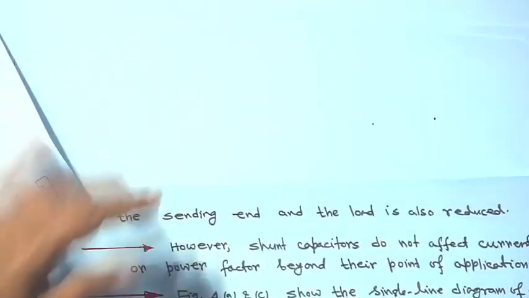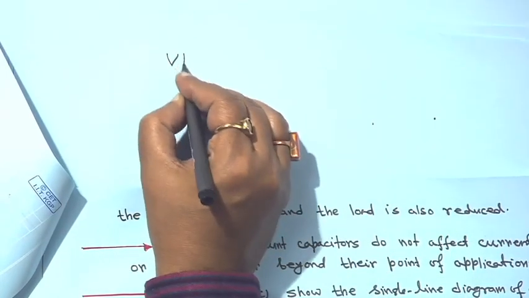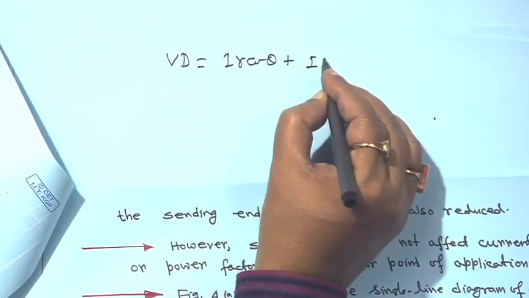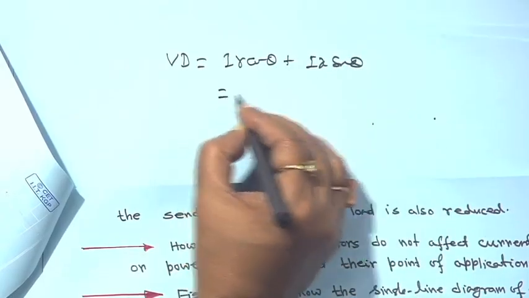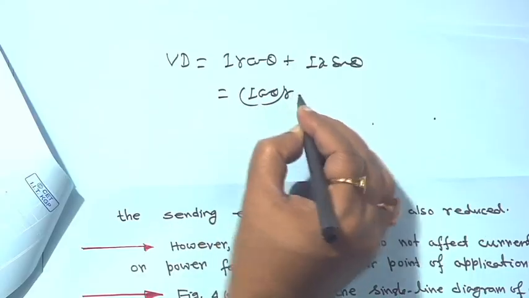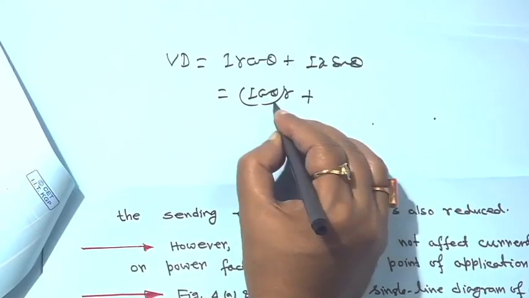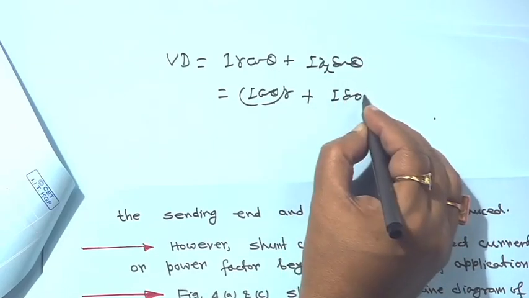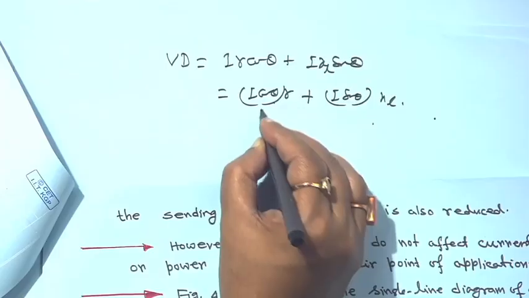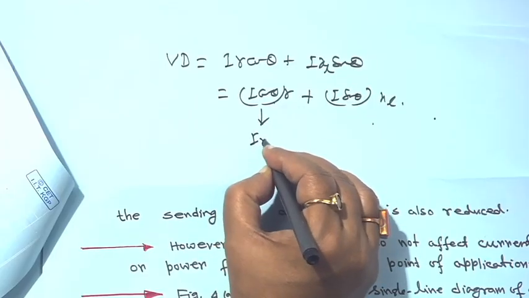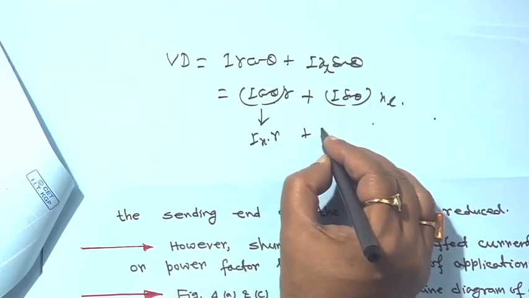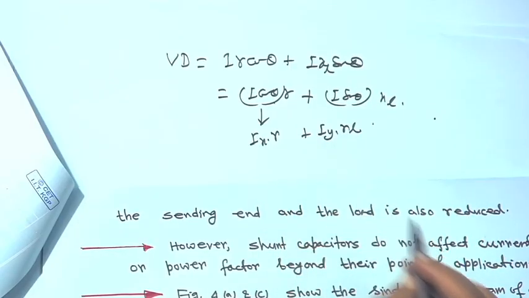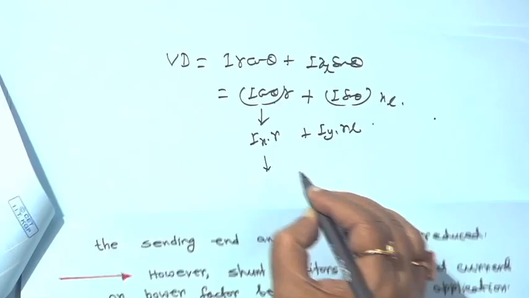We have seen that the voltage drop is equal to I cos theta into R plus I sin theta into XL. The I cos theta is the x axis component, and I sin theta into XL is the y axis component.